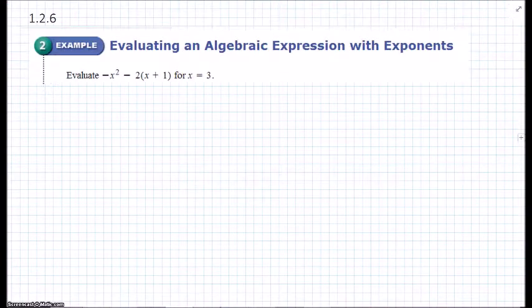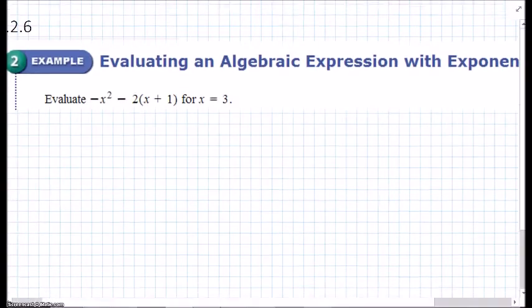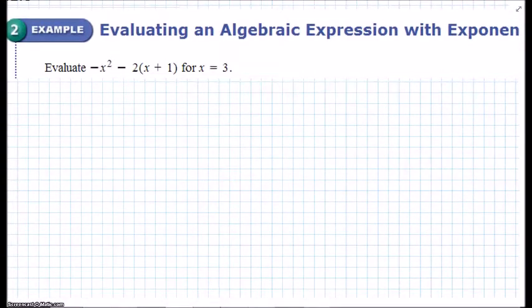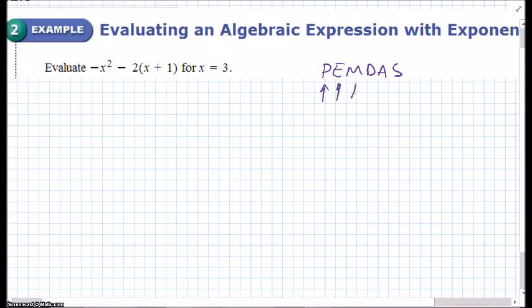Next example. Evaluate it with exponents. Remember our rules. PEMDAS, right? Please excuse my dear Aunt Sally: parentheses, exponents, multiplication, division, addition, and subtraction. So let's just plug it in.